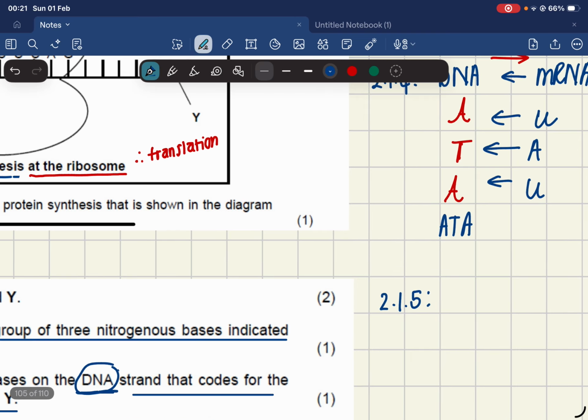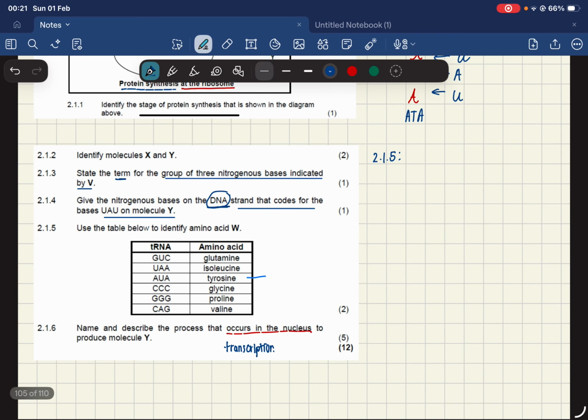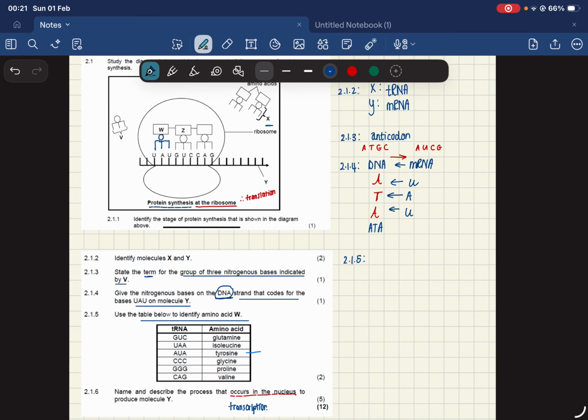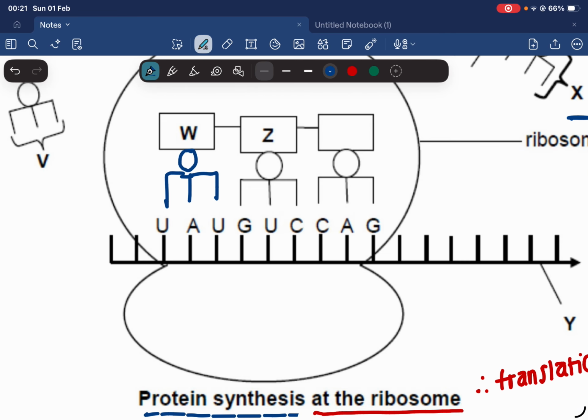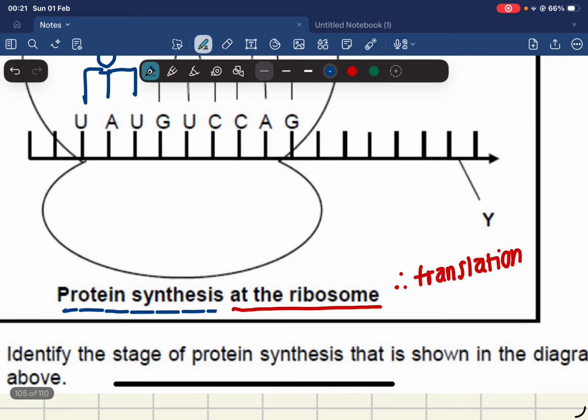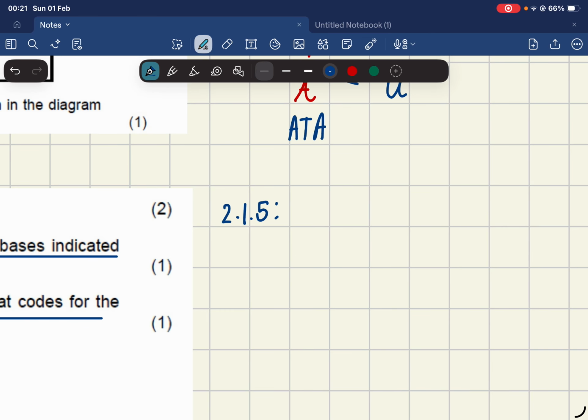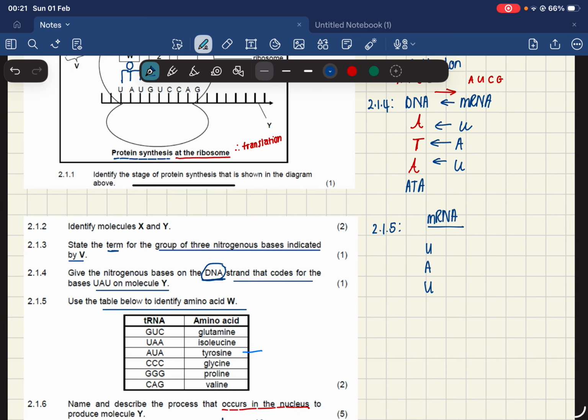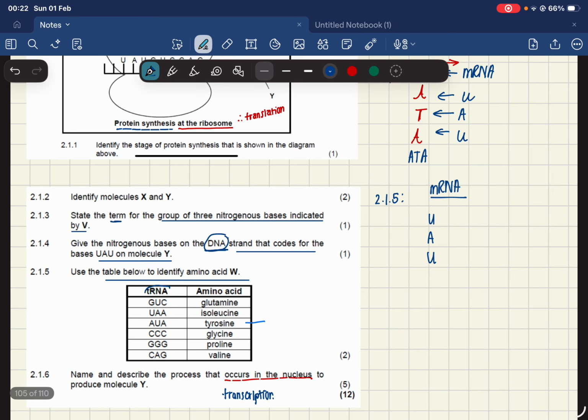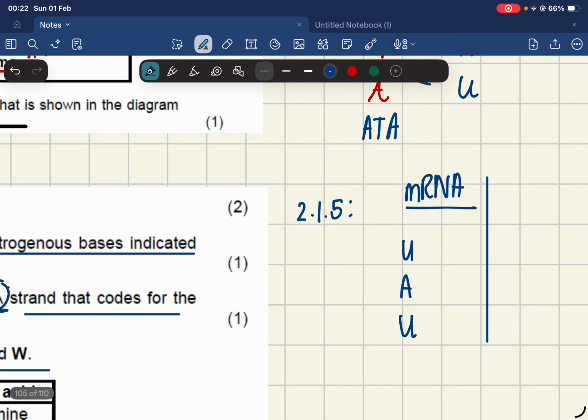2.1.5. It says to use the table below to identify molecule W. Where's amino acid W? It's here, and on the mRNA it's UAU. This table represents amino acids on tRNA, so we don't have the tRNA sequence and we need to find it ourselves.